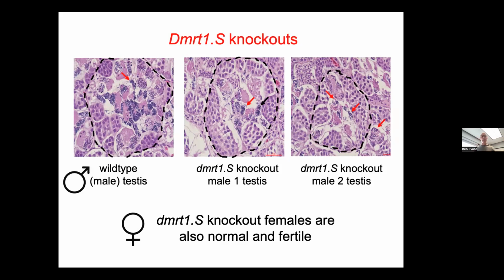So it appears that DMRT1S is neither important nor necessary for male differentiation nor for female differentiation. Its exact function we're not sure of at this point, because we see a weak phenotype in testes, but it's not one that completely knocks out testis function, and we see no phenotype in females.